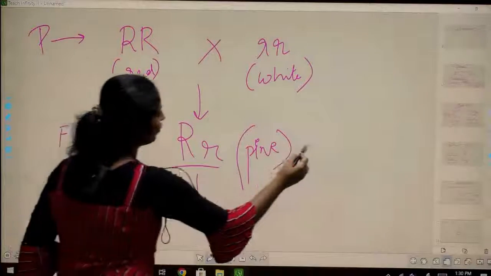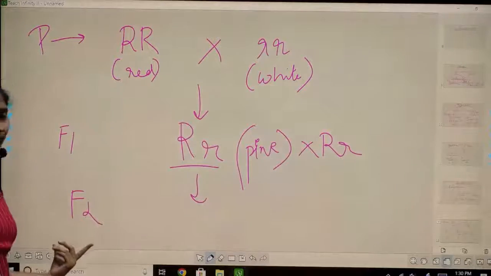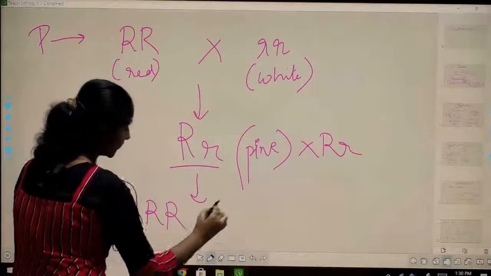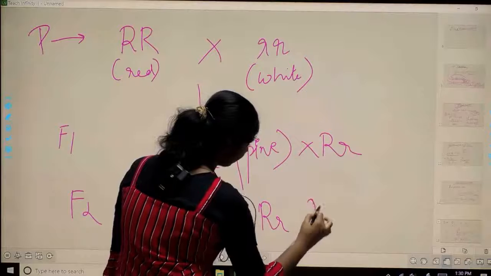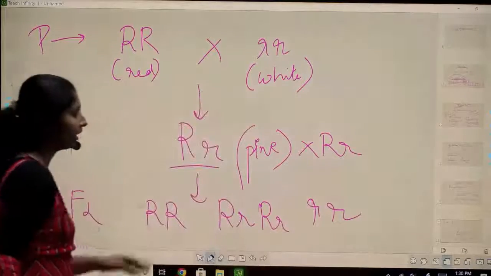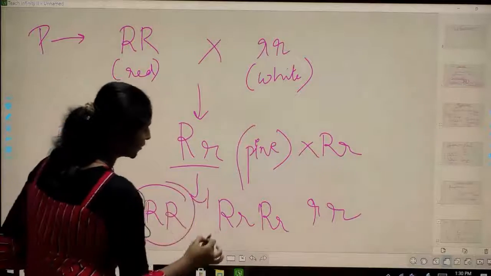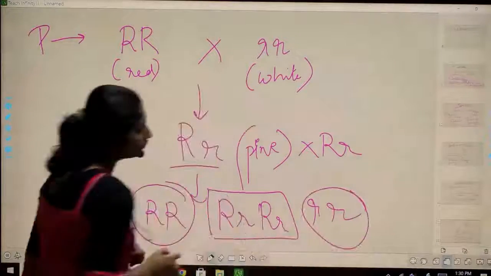When we cross the heterozygote, in the F2 progeny, what are we getting? In the F2 progeny, we get one red flower, two pink flowers and one white flower.